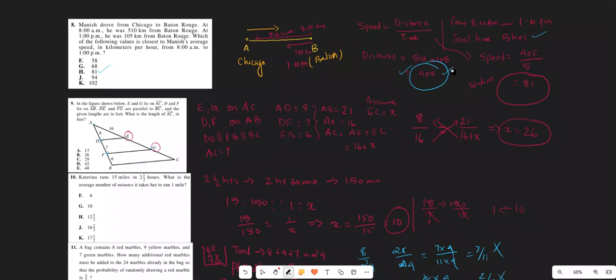What are the informations we have? From the figure itself, we can find some similar triangles from this shape. So the concept that you can use here is the ratio between corresponding sides will be congruent.